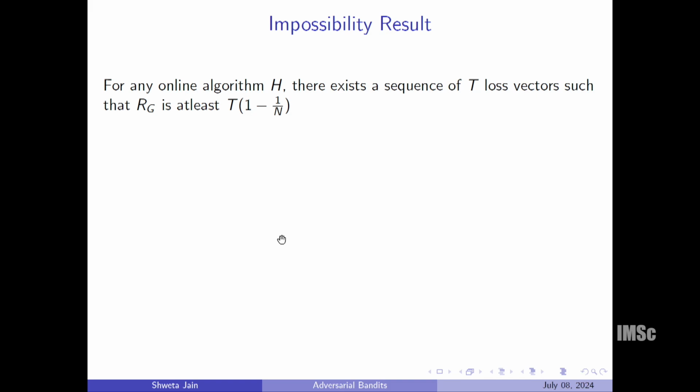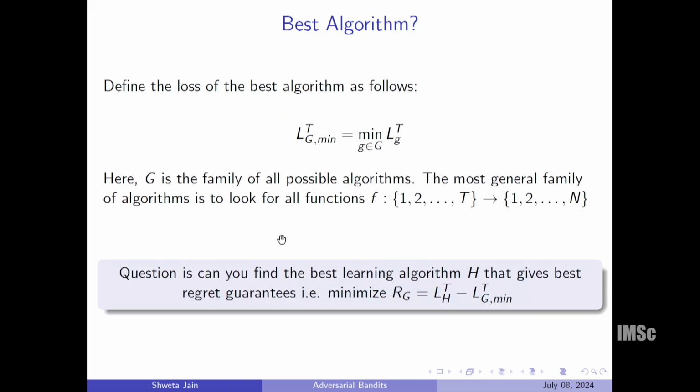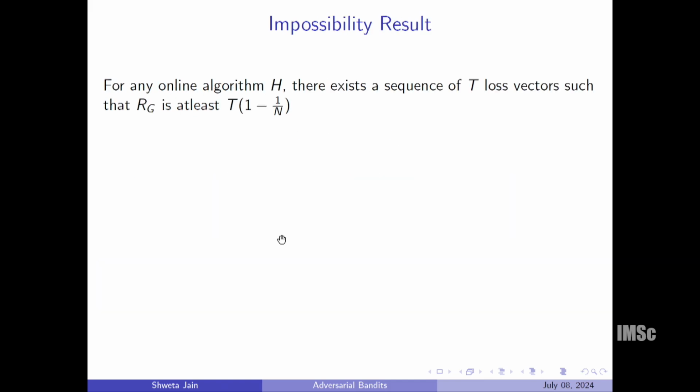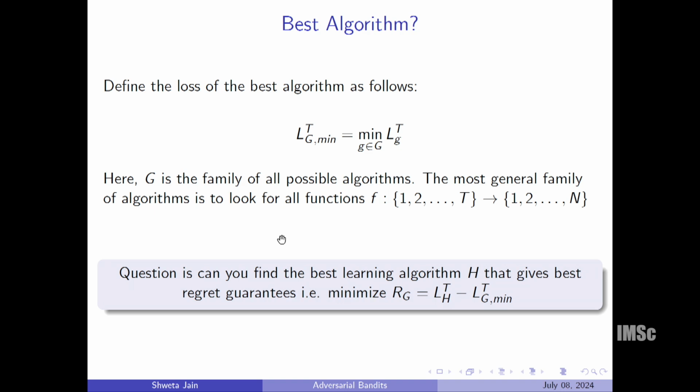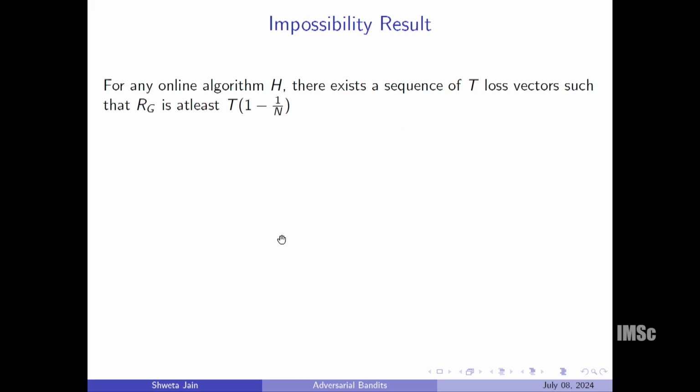If I go with respect to that, my first result is no matter what algorithm I choose, the regret, which is this, will be at least T times (1 minus 1 by n). No matter what algorithm I use, if I am sticking to comparison against any arbitrary function which can take this form, then I am going to incur a very huge regret. This is my first result.